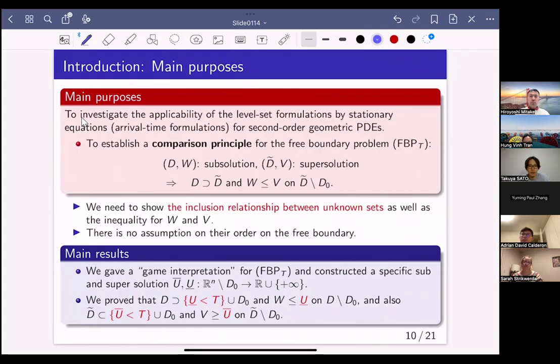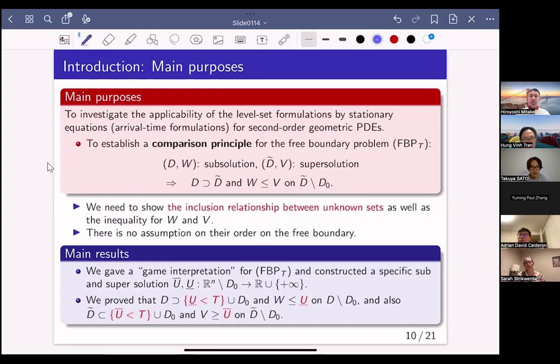Our purpose: the ultimate goal of our study is to investigate the applicability and to fully understand the level set formulation by using this stationary equation.